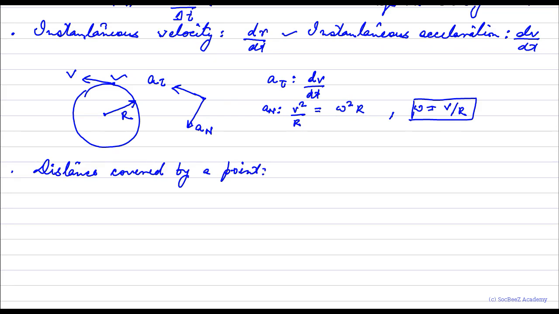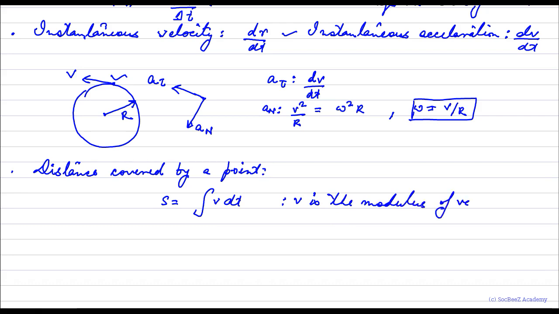Let's say it is denoted by s. It is given by integral of v dt, where v is the modulus of velocity vector of a point at any particular point.